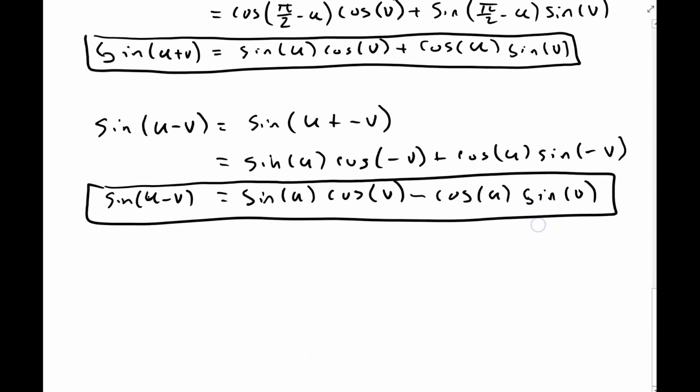Now, typically, we don't write these as two separate formulas for these angle sum and difference problems for sine and cosine. Usually, we compress them together. So, like on an identity sheet or whatever, the way I would write this is with a plus minus.